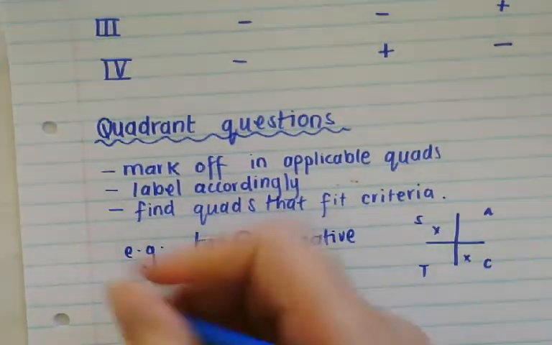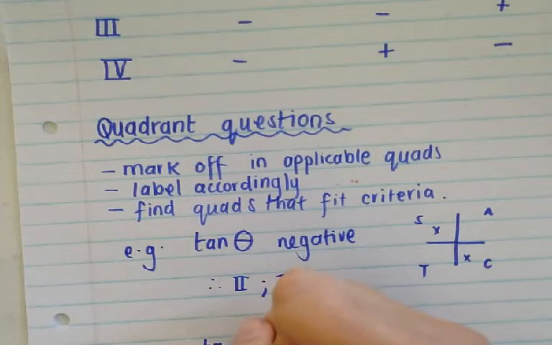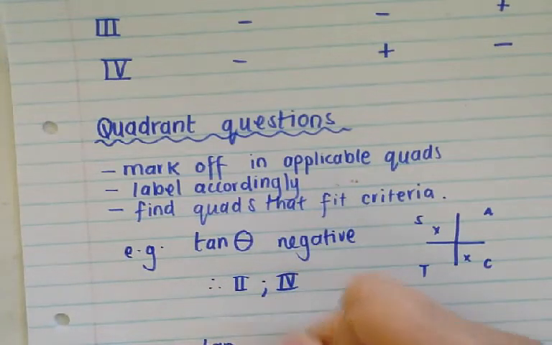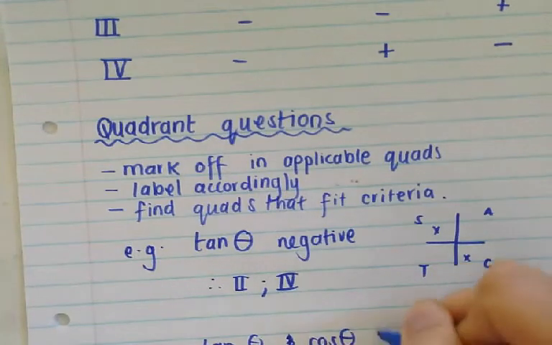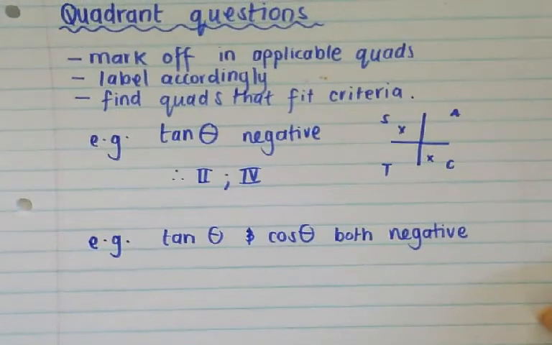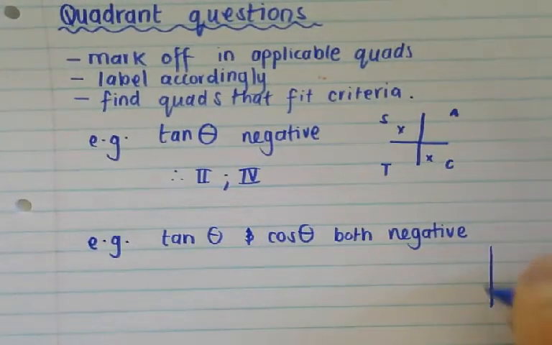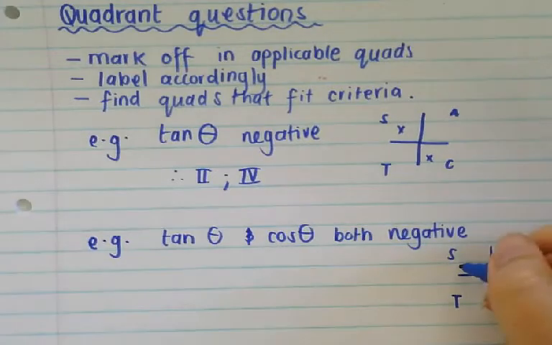Let's look at another one, where tan theta and cos theta are both negative. Okay? Drawing my little CAST diagram. I want cos negative, so I'm going to look at cos. Well, I know cos is negative there and there.